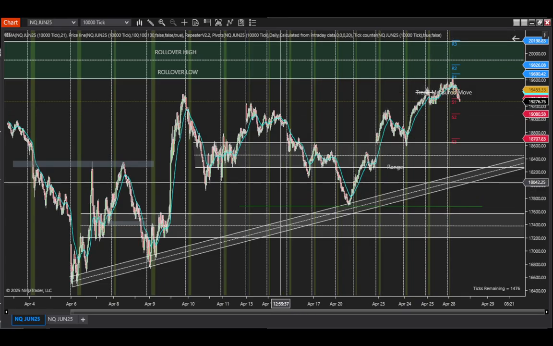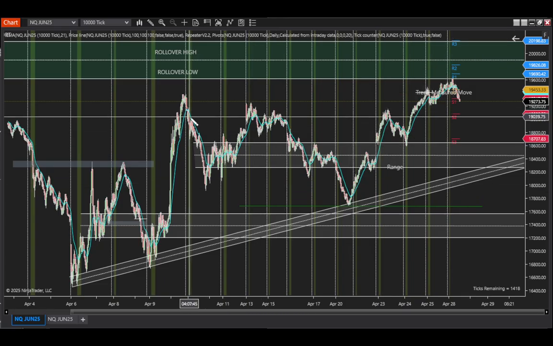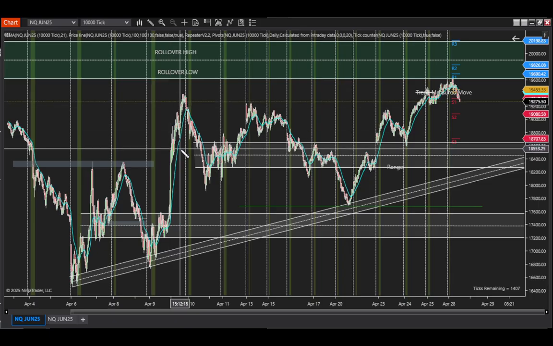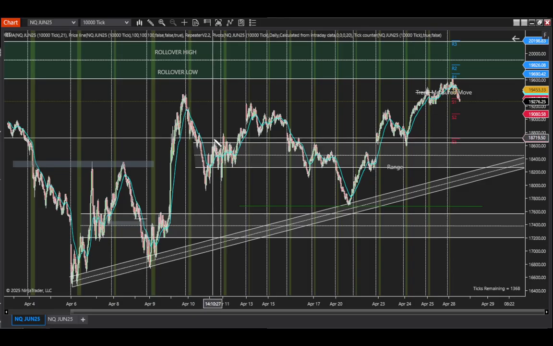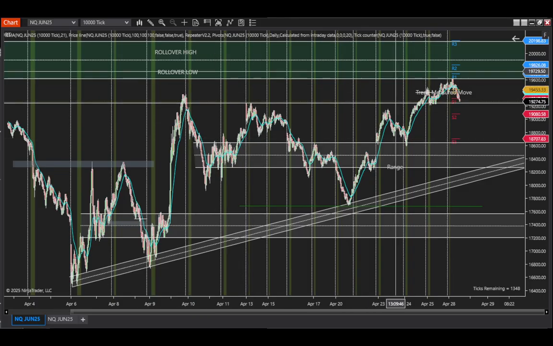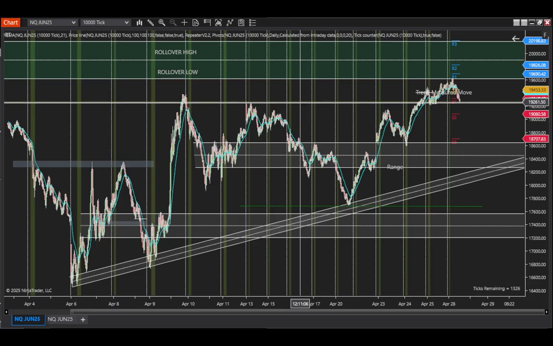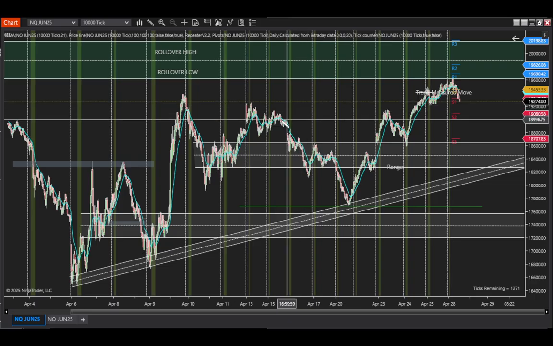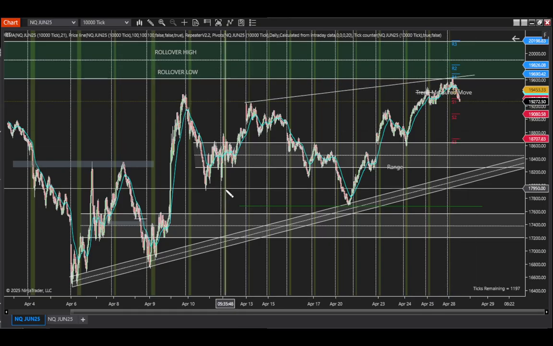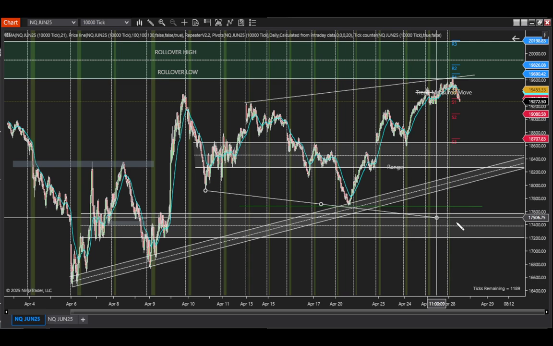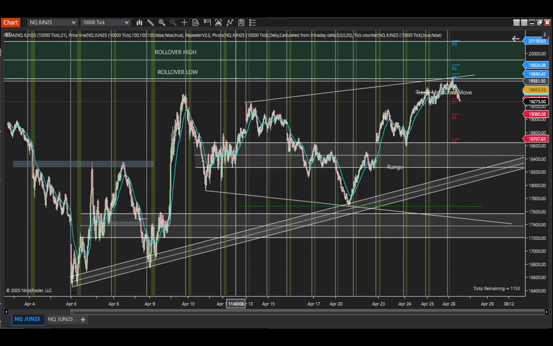All right, now that we got this off, if we do get ourselves a nice broadening wedge, are we going to get ourselves a nice broadening wedge?